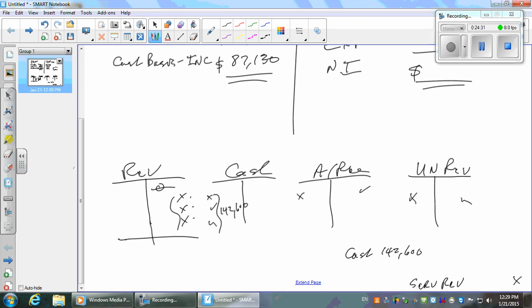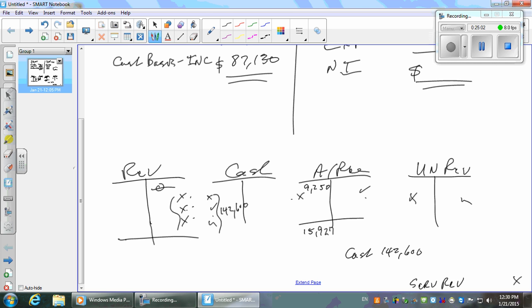So what else do I know? What does accounts receivable start at? 9,250. And assets, debit. What is it going to end up at? 15,927. So what happened really is they debited accounts receivable for a big number and credited service revenue. And then they debited cash and credited accounts receivable, but I don't really care about that.